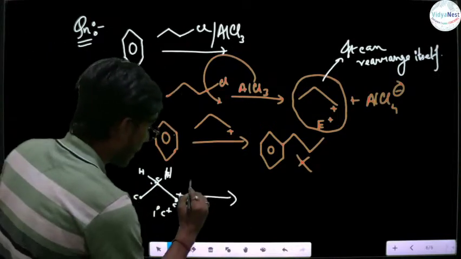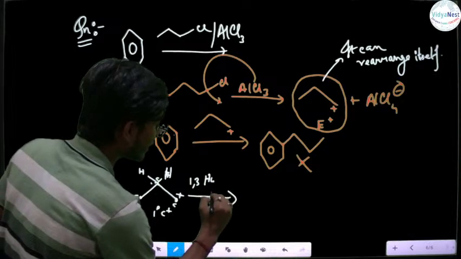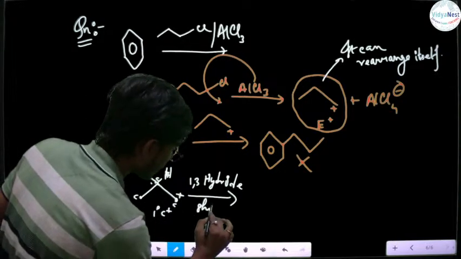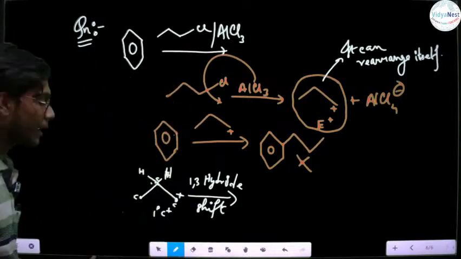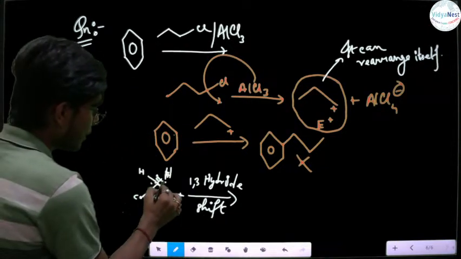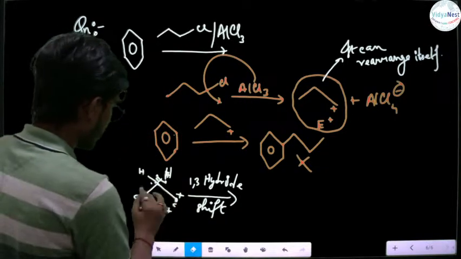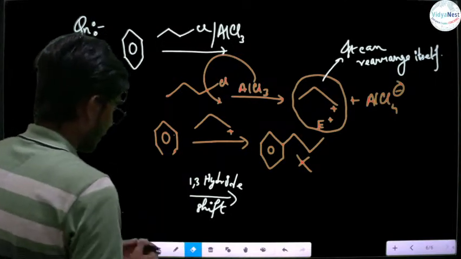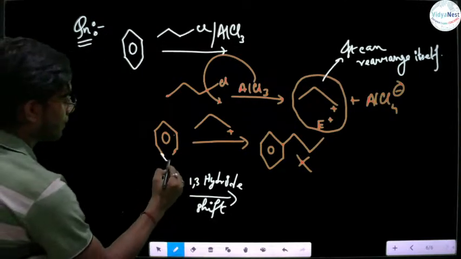So we will say by 1,3 hydride shift, of rearrangement of carbocations, we observe this hydride will be shifted and it comes to this position. Let me draw it really.